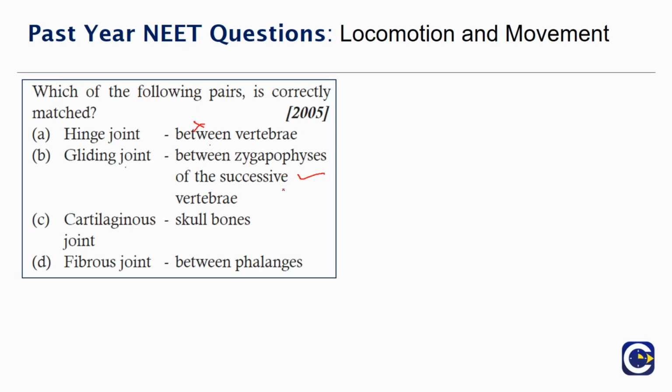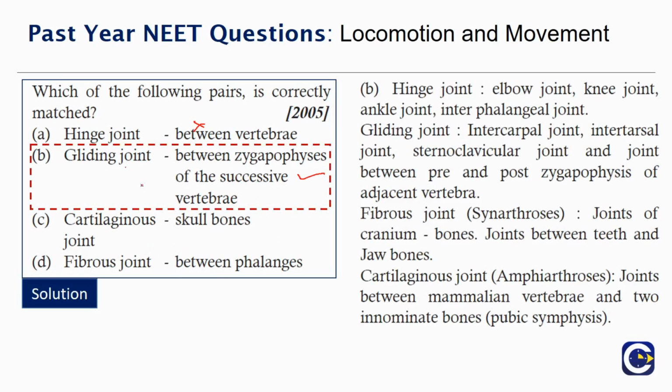Skull bones are not cartilaginous, they are fibrous joints. Between the phalanges there are saddle joints, not fibrous joints. If it were a fibrous joint, it wouldn't allow movement between the phalanges. So the answer is option B.